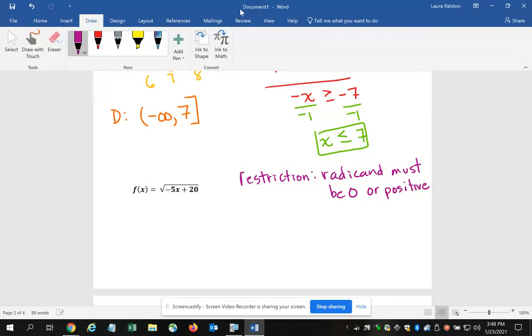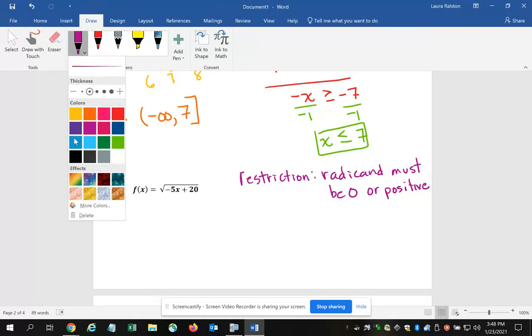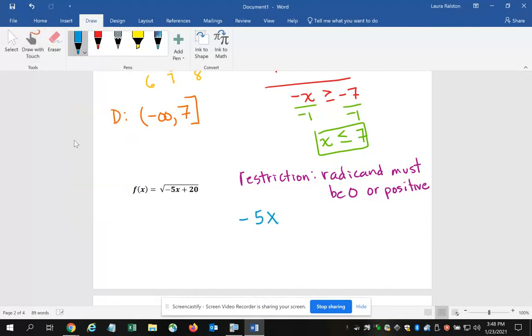So again, I'm going to take the expression that is under the radical, which is negative 5x plus 20, that's greater than or equal to 0.